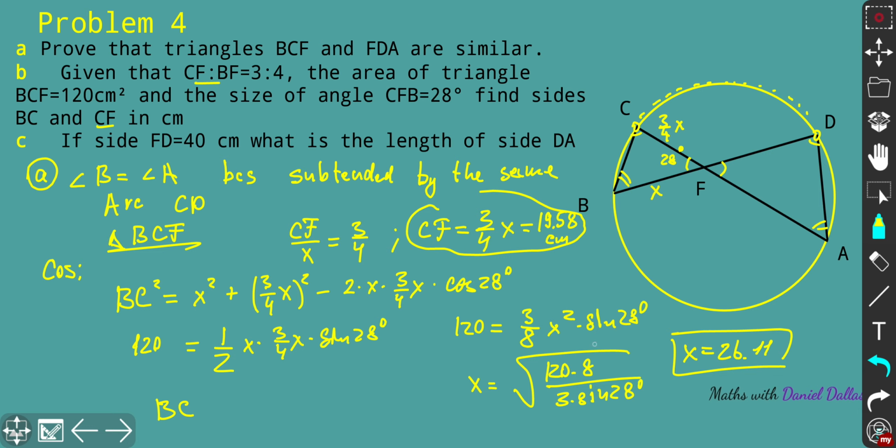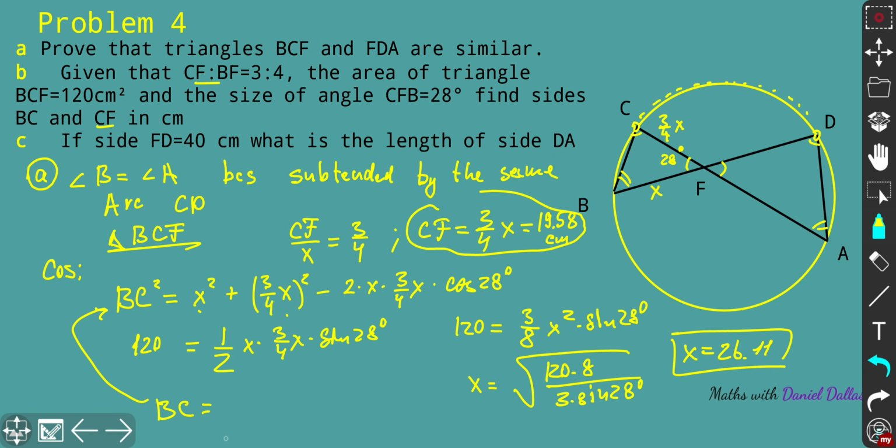So x, that was BF, but we need to find BC. So right now we just plug in. This is x, we already know that's 26.11. Now we're using the previous formula from the cosine rule to work out the value for BC.